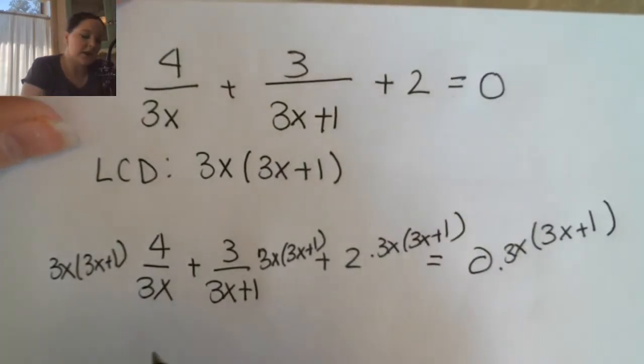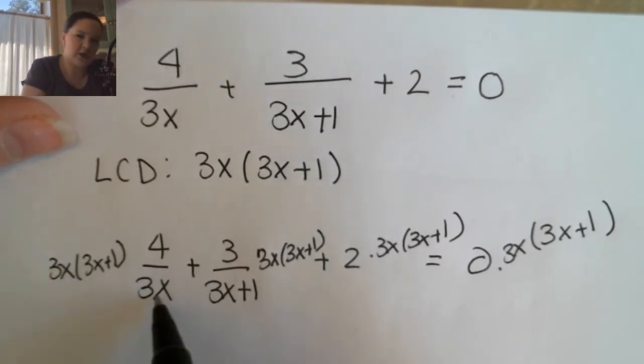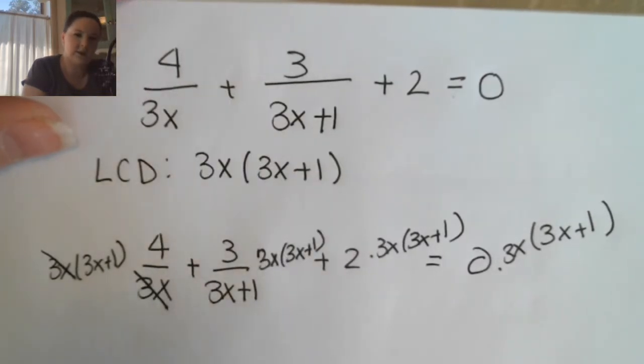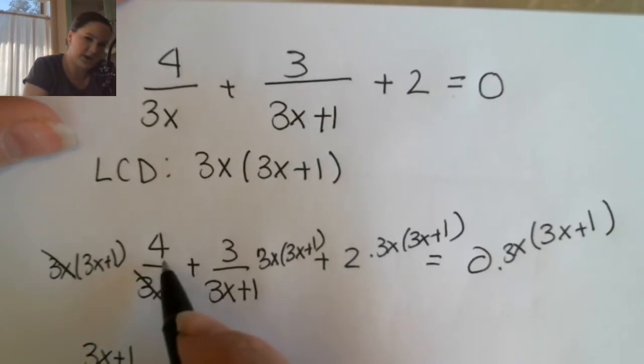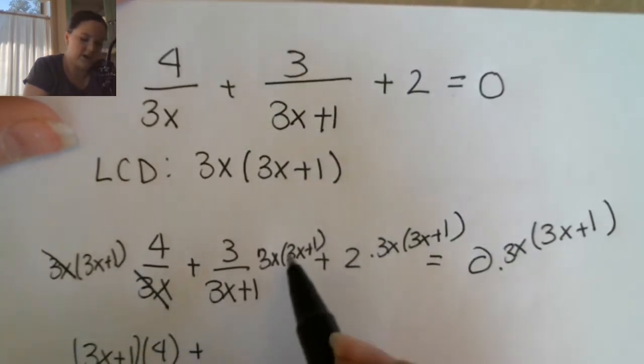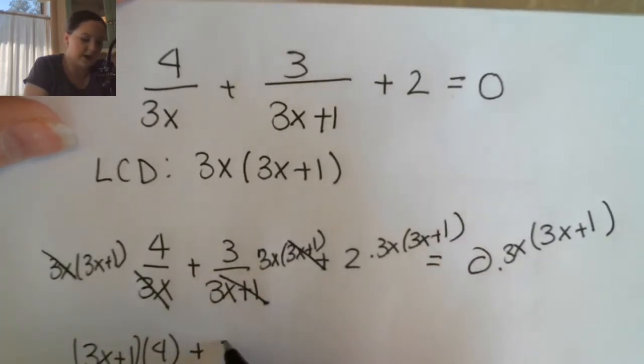Okay. So now you're going to cancel anything that's a common factor. We have this 3x in the numerator and this 3x in the denominator, so this is going to cancel with this. My first term is just going to be 3x plus 1 times 4. Now this 3x plus 1 is going to cancel with this 1 in the numerator, and I'm going to have 3 times 3x.